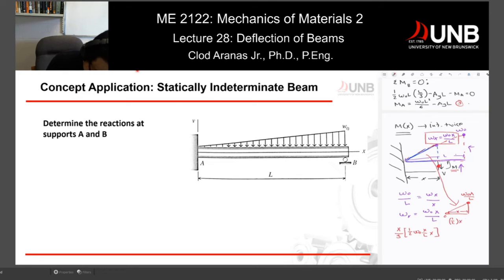So 1/2 x times W naught x over L. So that's the area of my triangle, which if you're going to look at this term, that's this W naught x over L, that's 1/2 and that's x. So that's the area of the triangle, and that's acting 1/3 from the end of your beam. So again, this one right here is concentrated at 1/3 from the edge of your beam right here where we sliced it. So that's why it's x over 3 right here. So that's the first term.